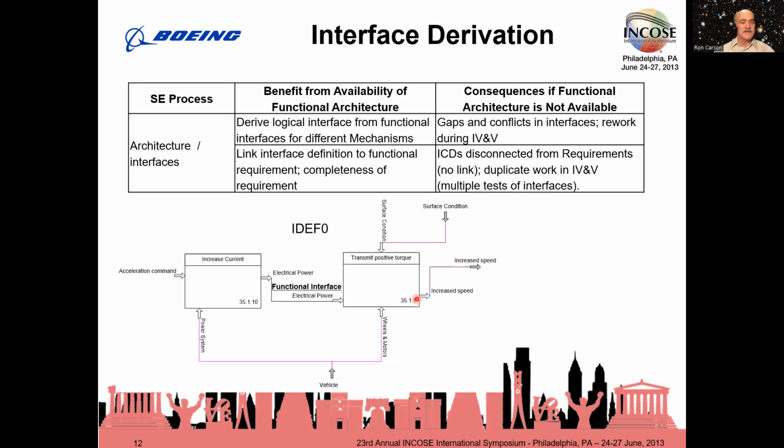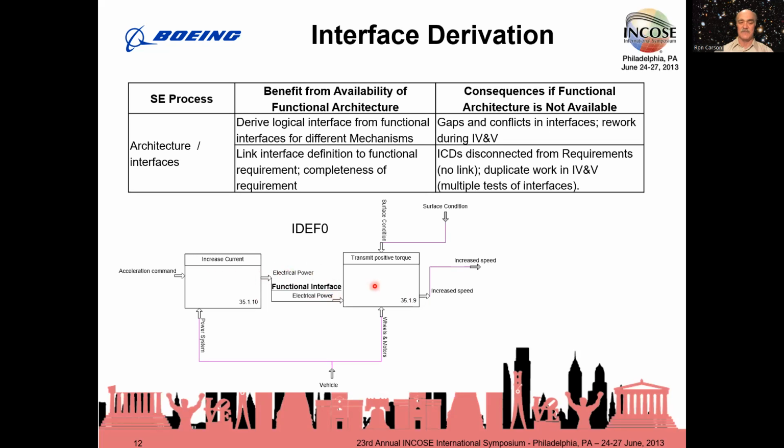Another benefit is the ability to derive the definition of interfaces from the logical architecture and the functional allocations. So in this graphic, we're showing that if we've got two different functions that are allocated to two different systems, well, clearly there's got to be a functional interface between those two different functions.